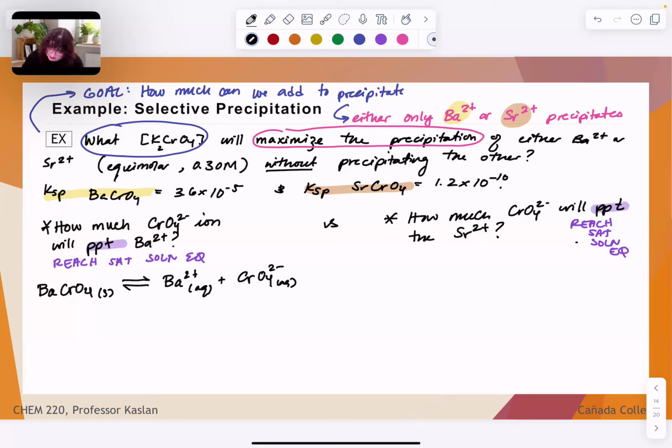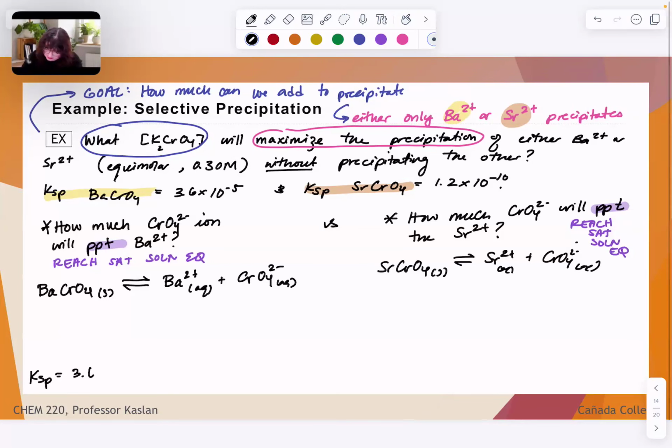And I could write the same thing for our strontium chromate. Just the cation changes. But what's different is the KSP of my barium chromate is 3.6 times 10 to the negative 5, and for my strontium chromate, my KSP is 1.2 times 10 to the negative 10.